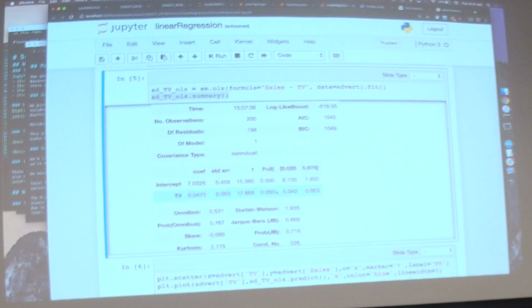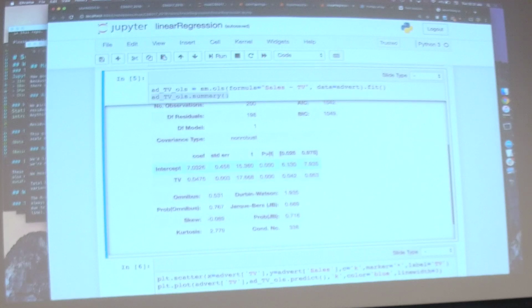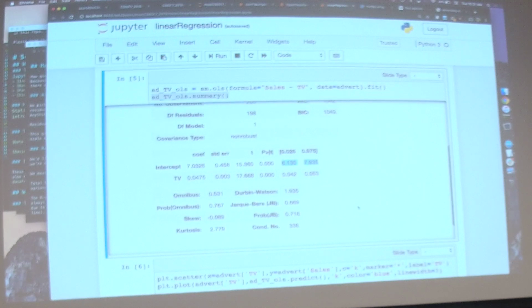My p-values are tiny, which means that both of these numbers are very highly likely to be non-zero, meaning there is some sort of relationship here. We'll talk more about that tomorrow. This is a confidence interval, which tells me what range of slopes and intercepts are likely. Again, we'll talk more about that, and some other statistics.